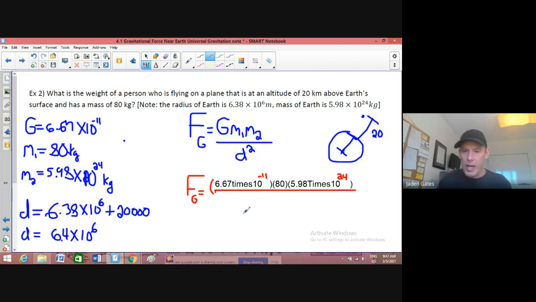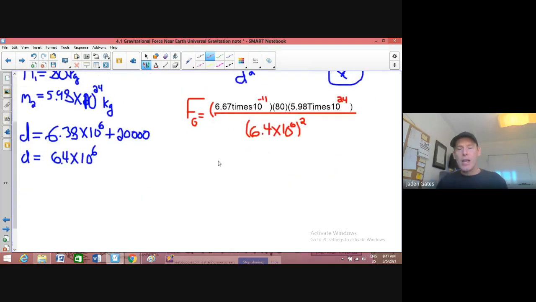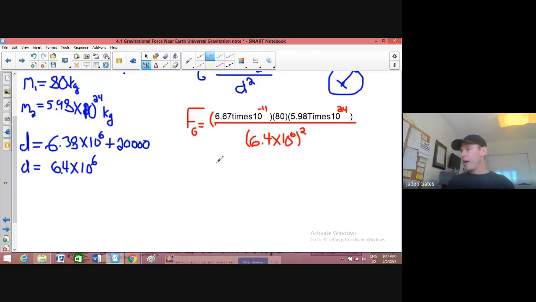And down below, we have 6.4 times 10 to the power of 6 squared. Now, I find the thing that people have struggled with the most here is doing your calculator. I'm going to show you two different ways.